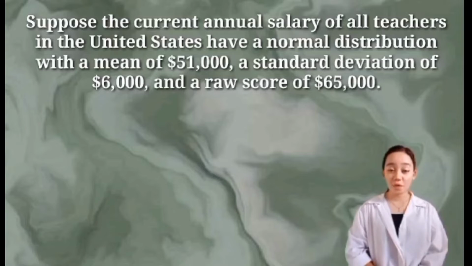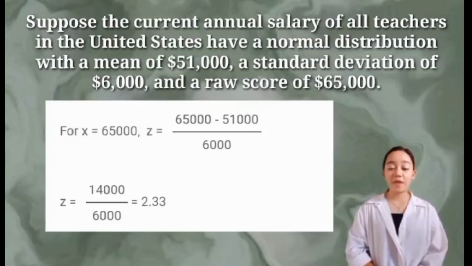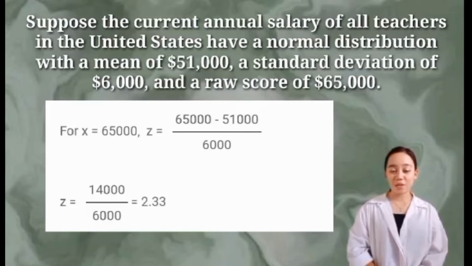So using the formula for the z-score, we have 65,000 minus 51,000 over 6,000, and that would equal 14,000 over 6,000. Reduced into a decimal number, it is equal to 2.33, and that is our z-score.